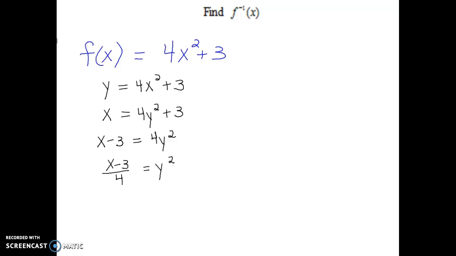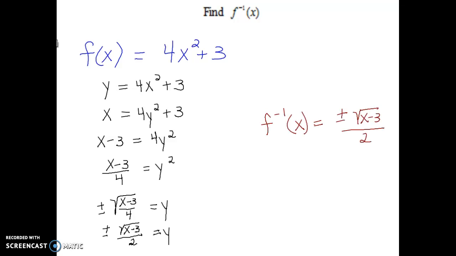Next, I would need to divide it by 4. And last, I'm going to have to apply the square root to both sides to get y by itself. And I need a plus or minus in front of that because it is an even root. This one does simplify a little bit more. In the denominator I have the square root of 4. I can just replace that with the whole number 2.